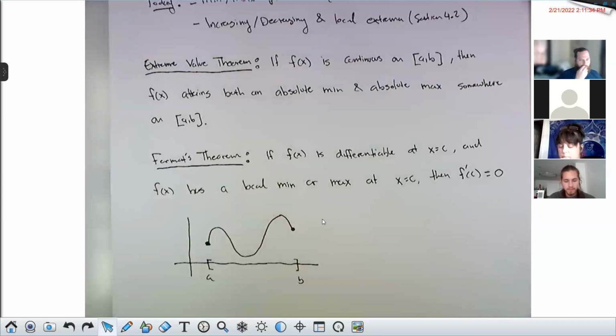And what we see here is that there is inevitably going to be a tallest point on this graph and a lowest point on this graph.